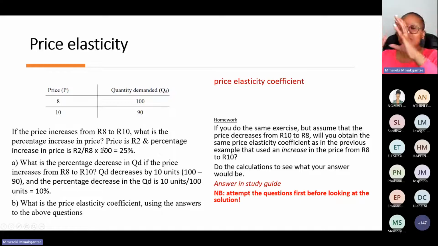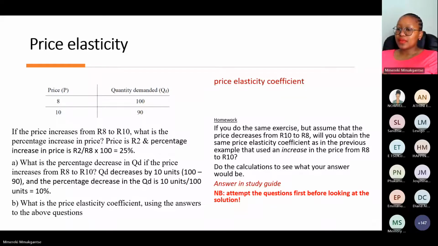Current minus initial over initial. 10 minus 8 in brackets, divided by 8. 8 is our initial price, and 2 rand is the change. And then you times it by 100. That's how they got to 25%. Got it? You got how we calculate percentage change? Okay. Silence means consent. I hope you guys got it: current minus initial over initial.